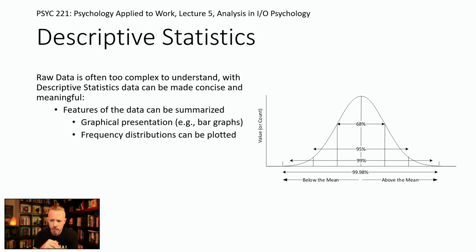So each one of the occurrences or the count would be the y-axis on that curve, and then the corresponding variable to that count would be on the x-axis.